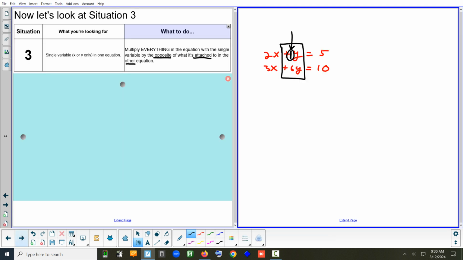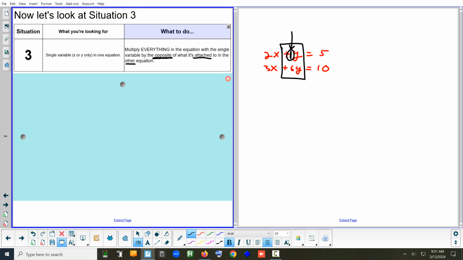We have a y. We're trying to get rid of it. Look at the y in the other equation. Look at the number that's attached to it. It's a +6, so multiply by the opposite of +6. The opposite of +6 is -6. And if you do that, it's going to make your letters cancel out.